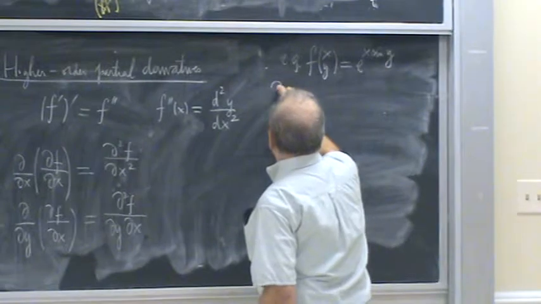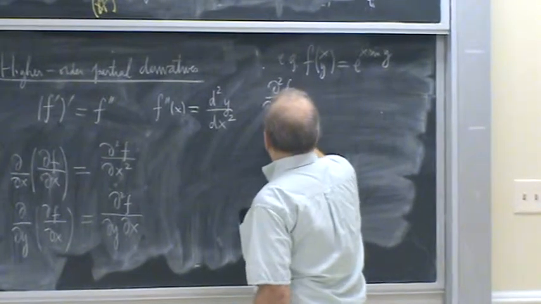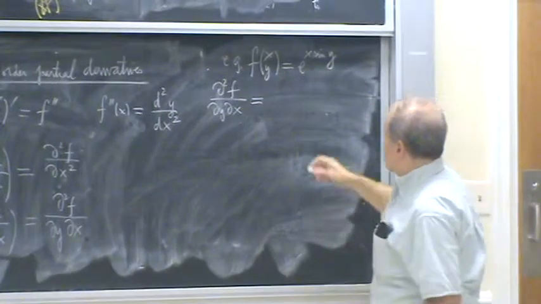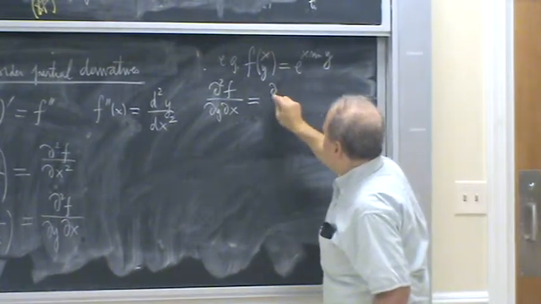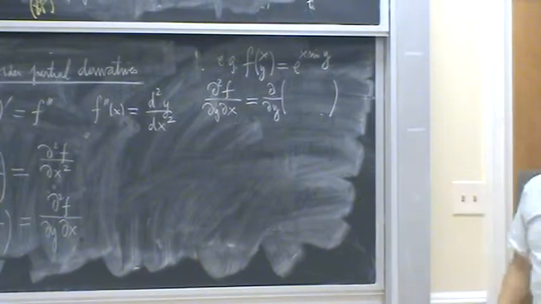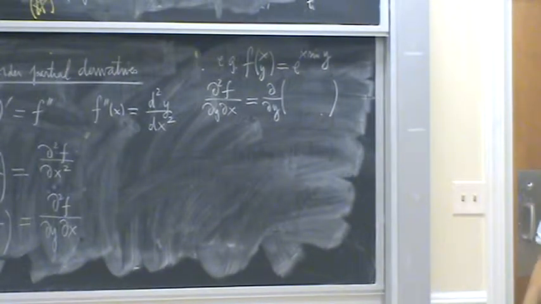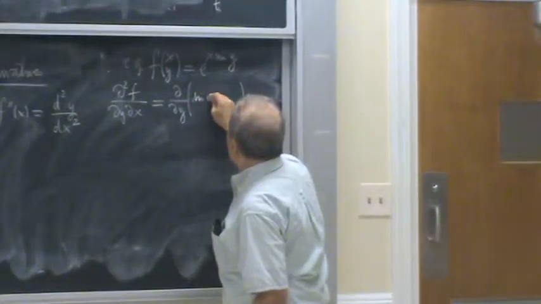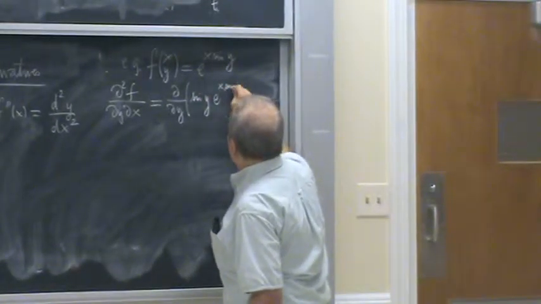What's the second derivative of f with respect to x first and then with respect to y? So I would start by doing the x derivative and then take the y derivative of it. Partial with respect to x of e to the x sine y is sine y, e to the x sine y.